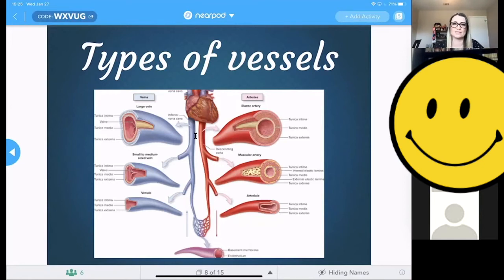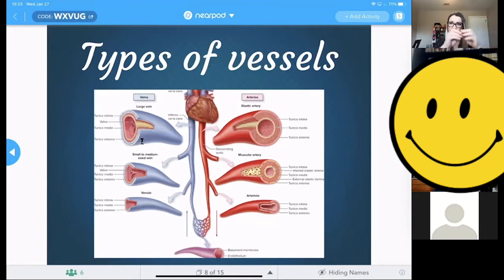These muscular arteries are going to branch into smaller arterioles, and arterioles can vary quite a bit in size. So there is the biggest variation in the arterioles that we see. You can have some larger arterioles, and these larger arterioles are going to have all three tunics: intima, media, externa.